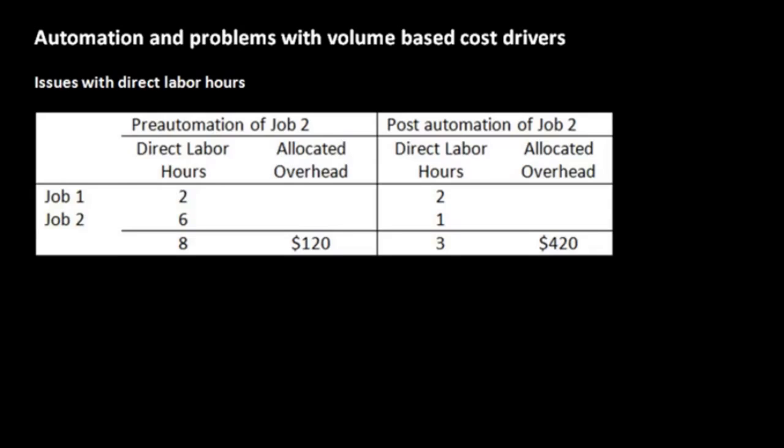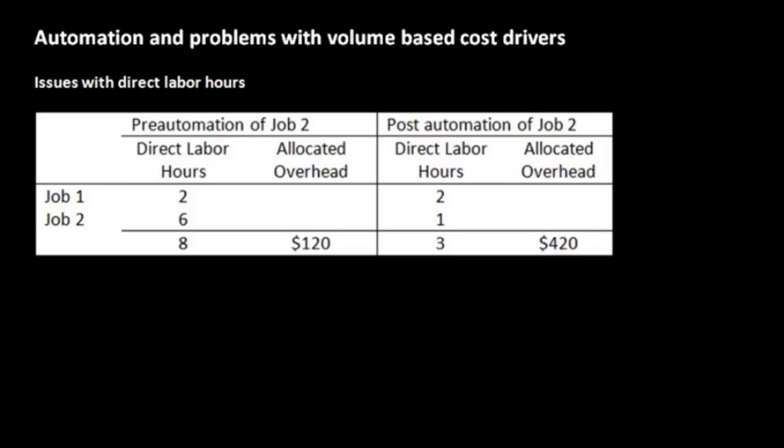But one case where that starts to fall down is when you start introducing automation. When things start becoming automated and we start replacing people with machines, our volume-based cost drivers don't really work as well. For a long time before we had automation, we had machines that were producing products.